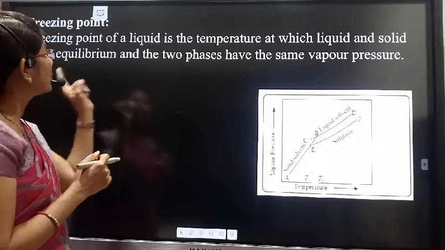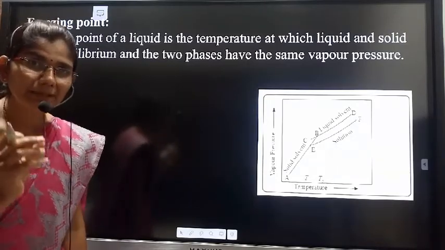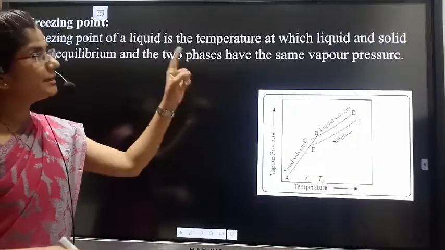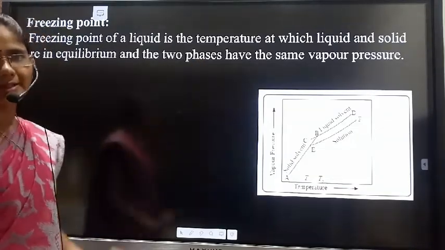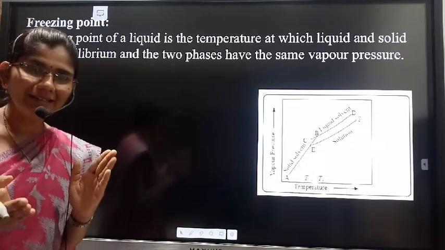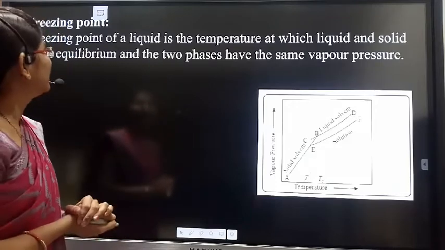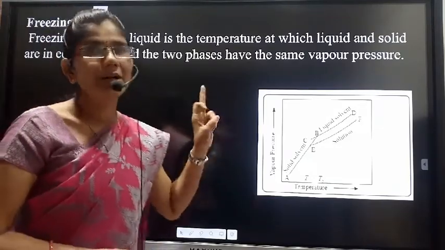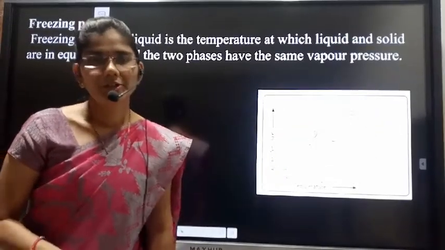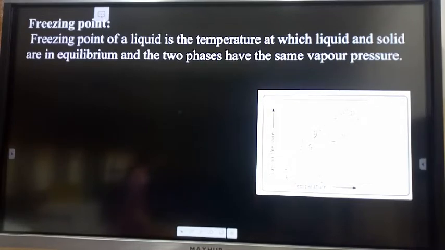The freezing point of a liquid is the temperature at which the liquid and solid are in equilibrium, and the two phases have the same vapor pressure.